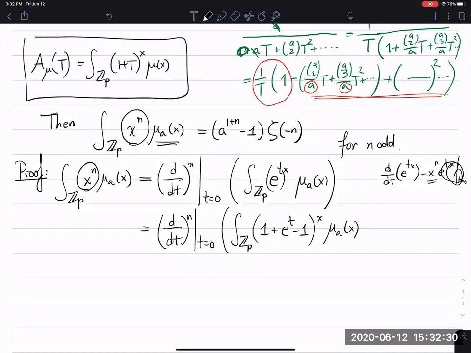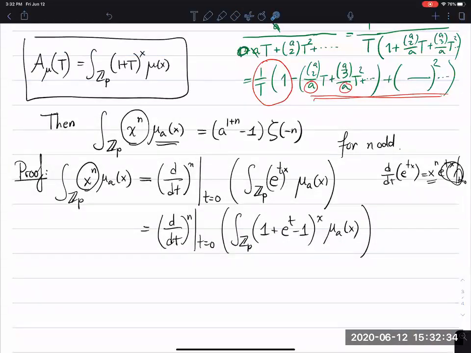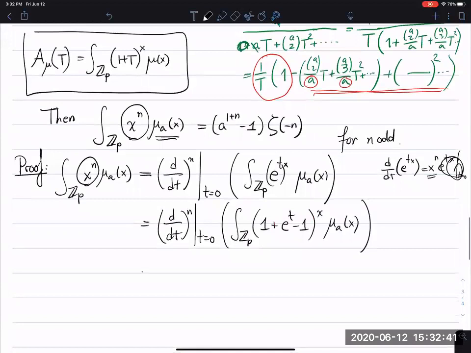Okay, so now this looks very much like that, except I'm going to take this to be my t. And that's exactly what you see here. So now it's the same as d dt n at t equals 0 of A mu of e to the t minus 1.